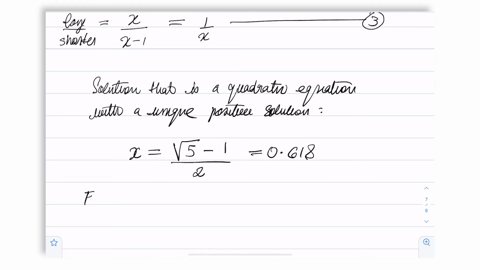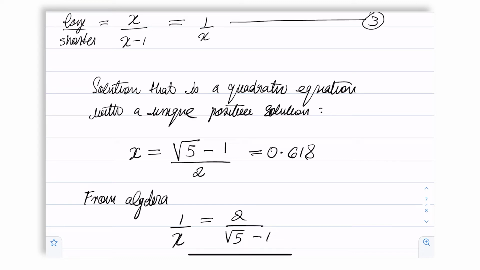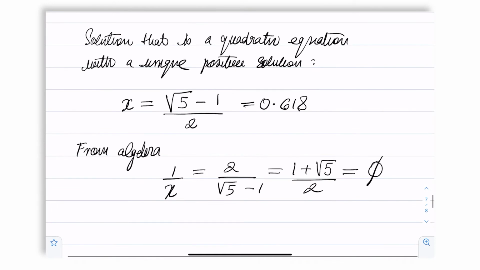From algebra, we can show that 1 by x is equal to 2 upon root 5 minus 1, which is equal to root 5 plus 1 by 2, which is equal to phi. So we come back to our phi, our golden number.